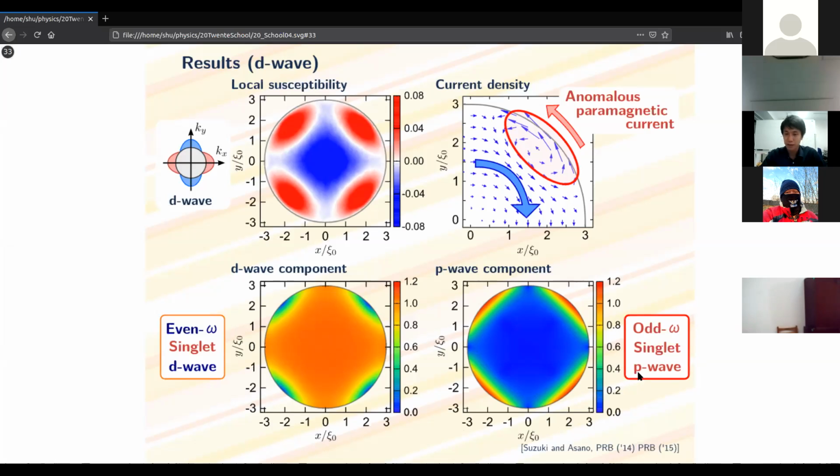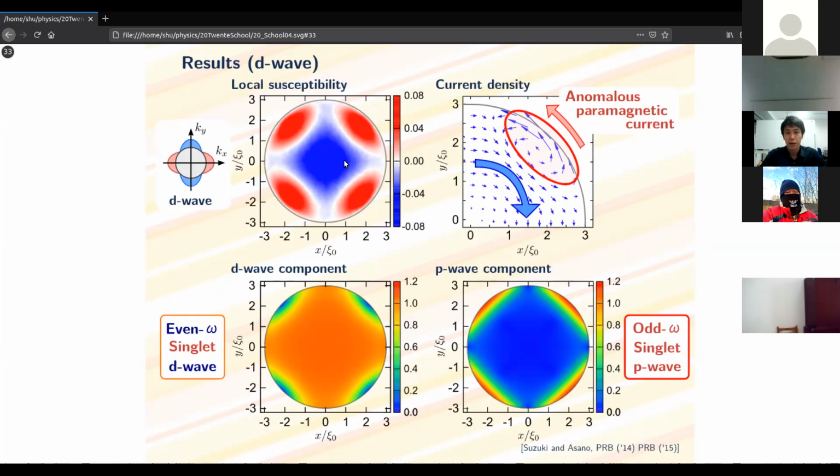So the P-wave component is the odd frequency Cooper pairs. This odd frequency pair doesn't have an amplitude at the center of the disk. However, at these four surfaces, it has a fairly large amplitude.